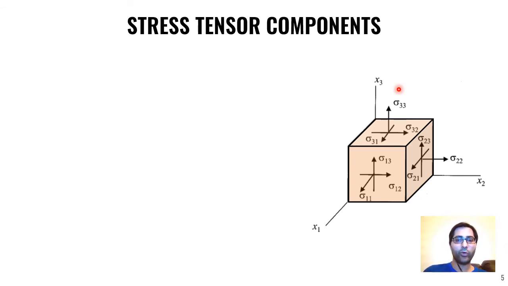Let's talk a bit more about the stress tensor components. Now consider a cubic element of the potato. At point P inside a body, we assume a very small cubic element with surfaces perpendicular to the reference frame directions.